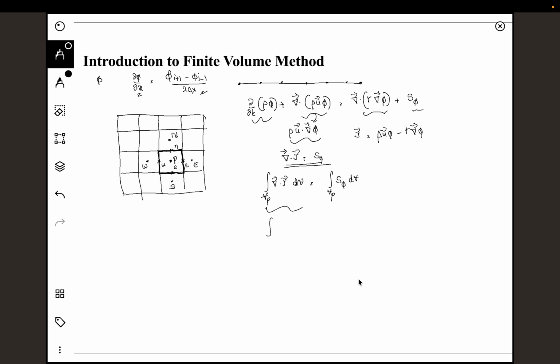Across this surface we will do the integration. So this will be only on the surface. This remains the same.